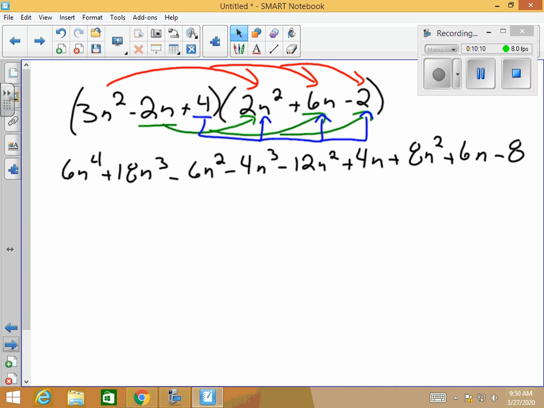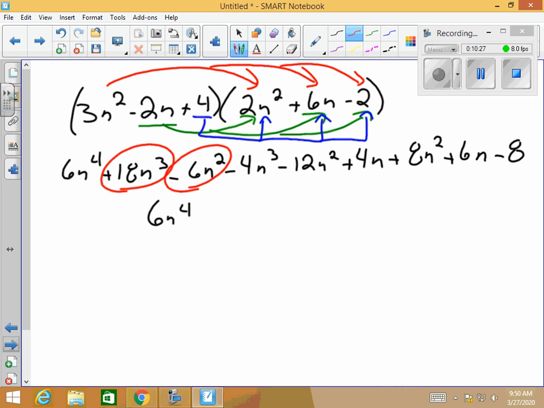And just like FOIL, we have to understand that there are terms that will combine. So as we're combining these, I only get one 6n to the 4th. I like to do different color, different shapes if I can. Whoops, that guy was backwards. I don't really want to do that because it should have been this guy. So let's go ahead. Let's delete that.